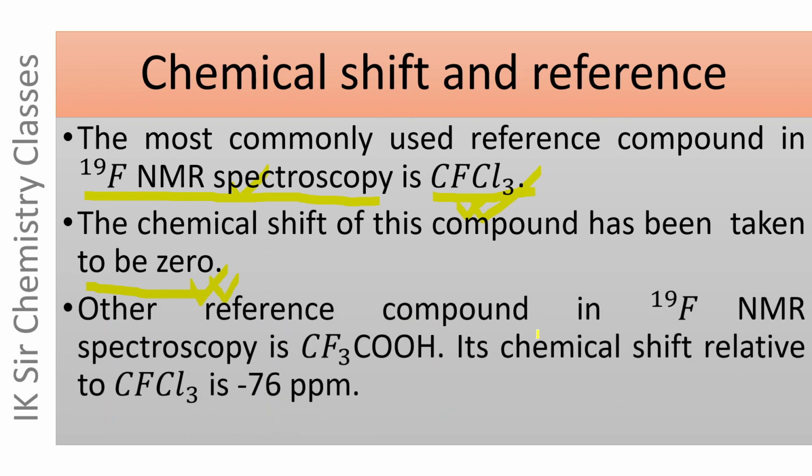The other reference compound in F-19 NMR spectroscopy is trifluoroacetic acid. Its chemical shift relative to CFCl3 is minus 76 ppm. These two compounds are used as reference in F-19 NMR spectroscopy.